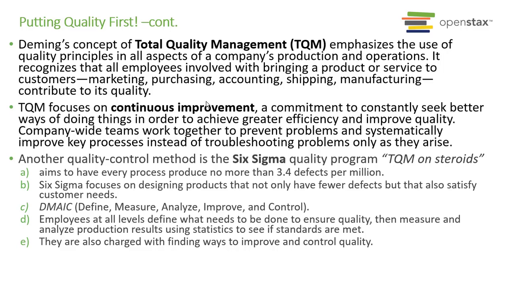And so TQM focuses on continuous improvement. I mentioned that before. A commitment to constantly seek better ways of doing things in order to achieve greater efficiency and improve quality. A company-wide team works together to prevent problems and systematically improve key processes instead of troubleshooting problems only as they arise. So that's TQM.